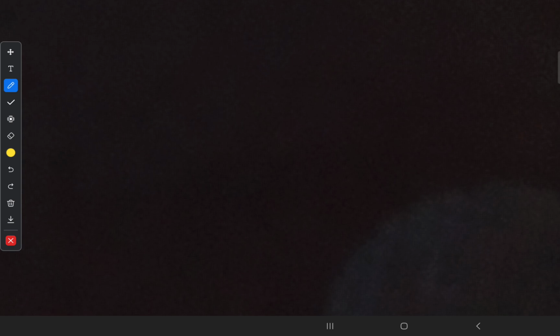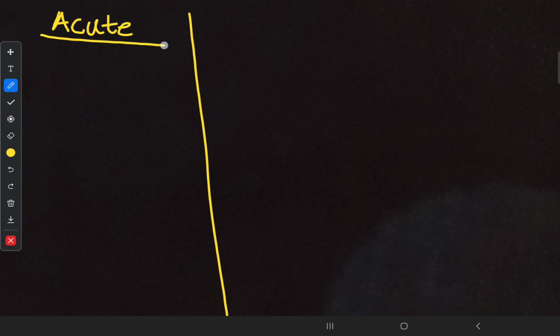Then the next thing we have to do is the area of a triangle. For that, let's use three examples. When we use an acute triangle to find the area, in this acute triangle we have to consider a third participant, which is called the perpendicular height.